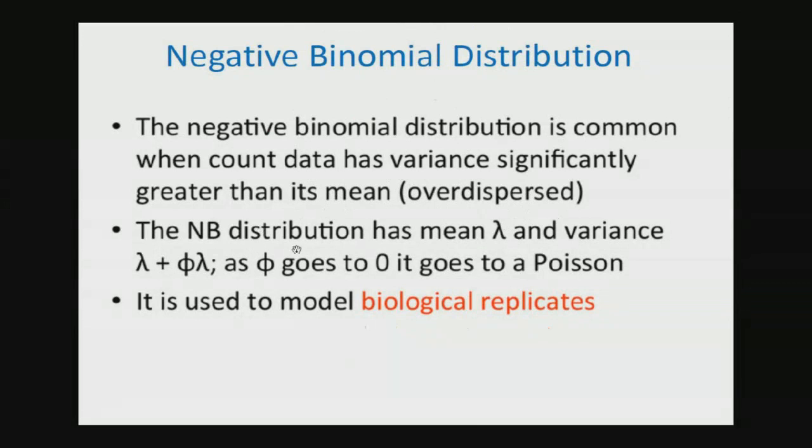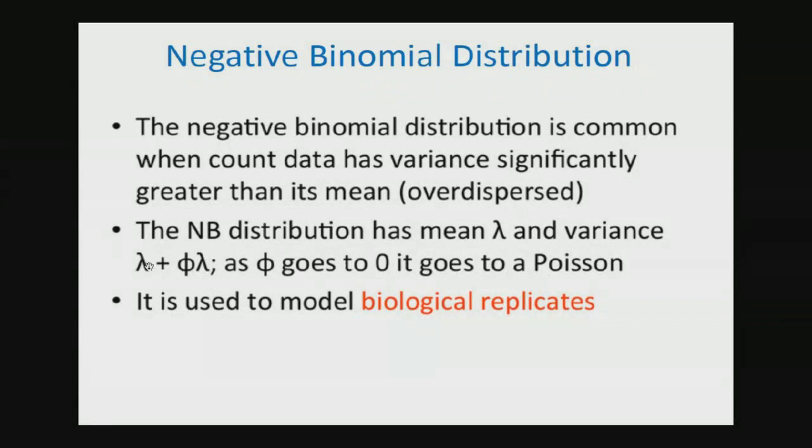For the negative binomial distribution, the mean is lambda, and the variance is lambda plus phi lambda. And this phi, if it goes to 0, shrinks to a Poisson.